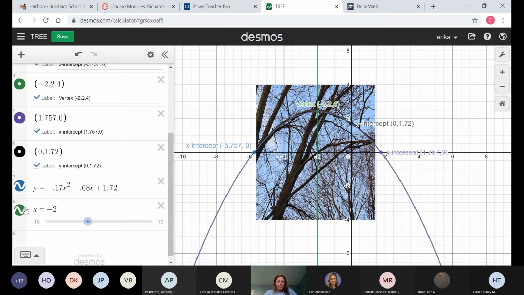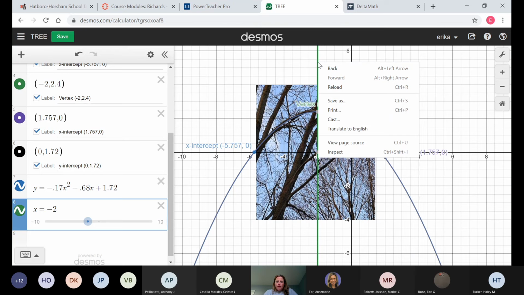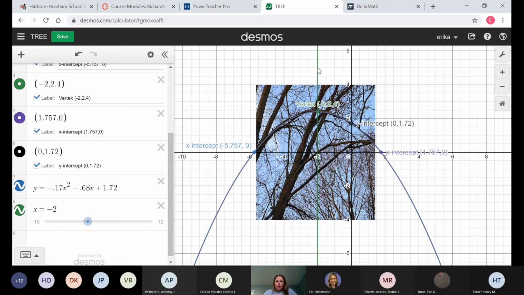I wish they would let us change it to a dotted line or something. Maybe if I click on it? No, I don't think it has any properties. But the axis of symmetry runs right through if you're interested in that. If you don't want it, you can always just click on it and it comes off.